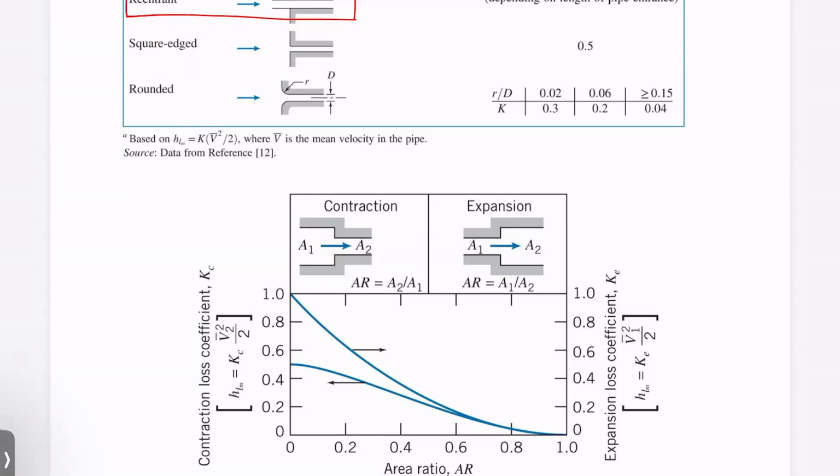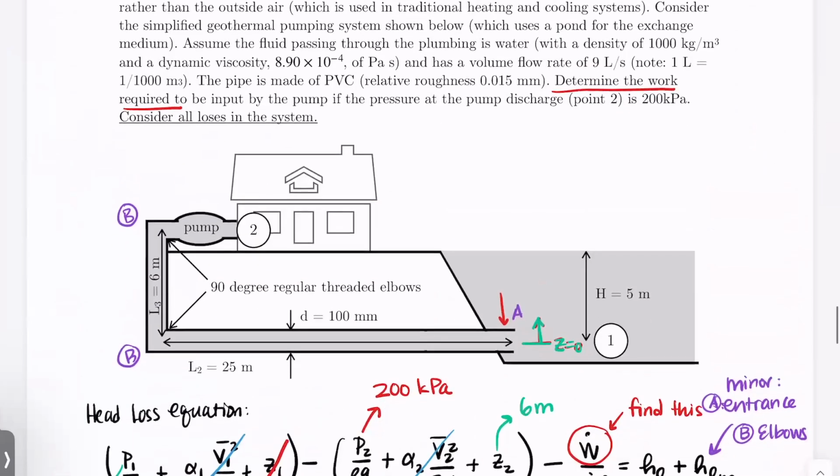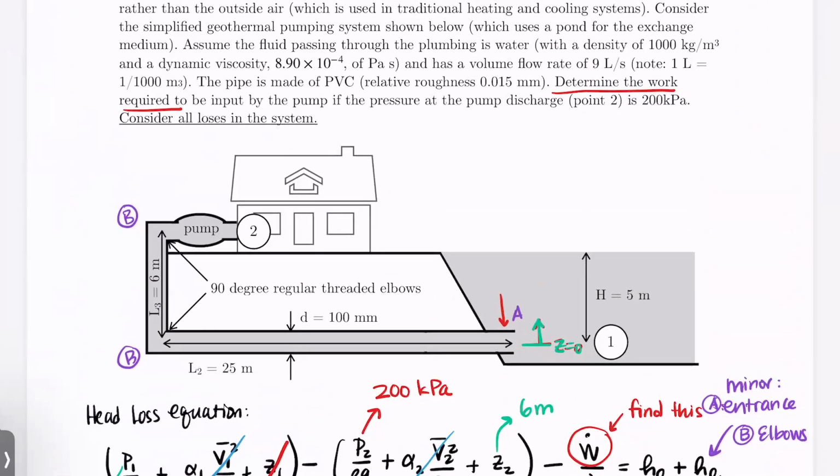Oh, that is for the major losses. If you had two different pipe sizes, like the original version of this problem had, a smaller pipe here, I did not draw that well, but there was an expansion that happened there and it went to a small pipe. If that were to happen, then you would need to calculate the major losses for the small pipe and for the large pipe, and then you would use the contraction and expansion for the minor losses.